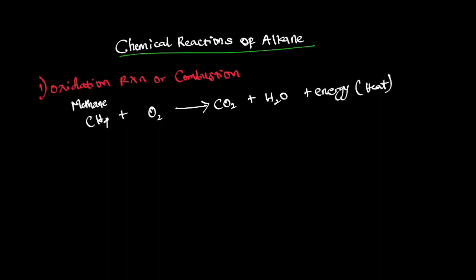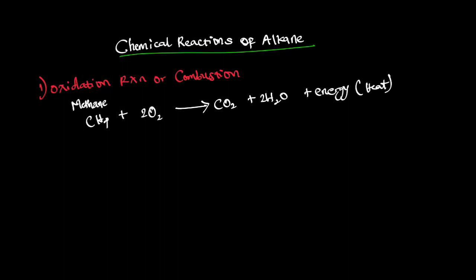So let's balance this. How is it going to be balanced? C here, 1, 1, right? H is 4, 2. So I'll have to put 2 here, right? Okay, now I have to add 2 here for the oxygen to be balanced. I hope you are following. Good. So this is a balanced reaction now.